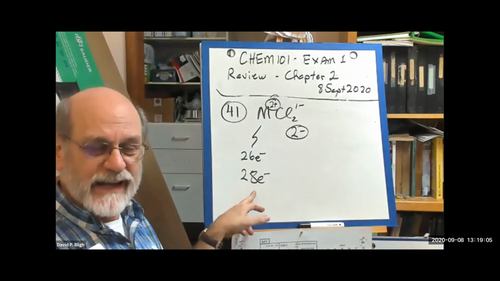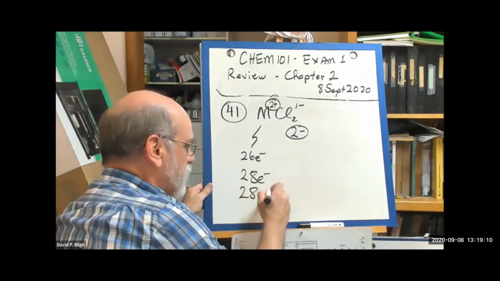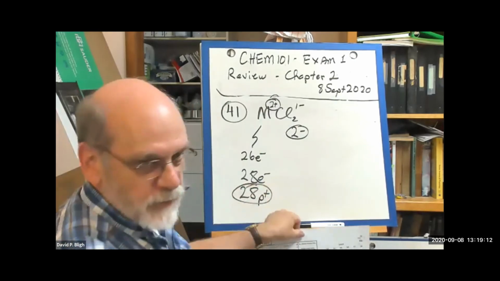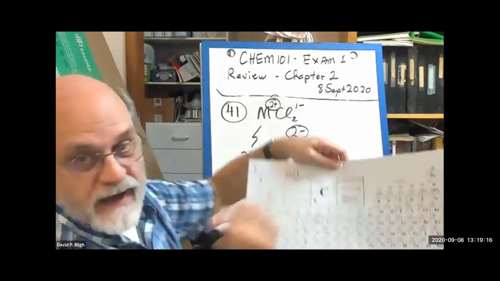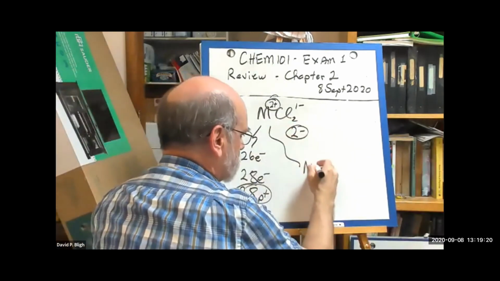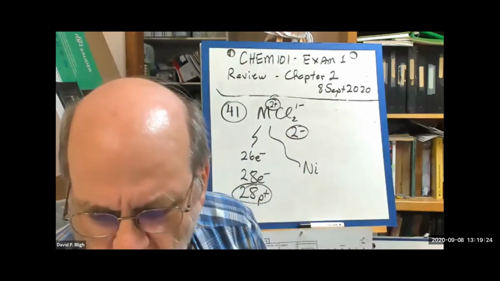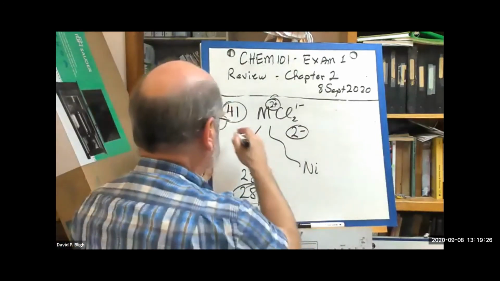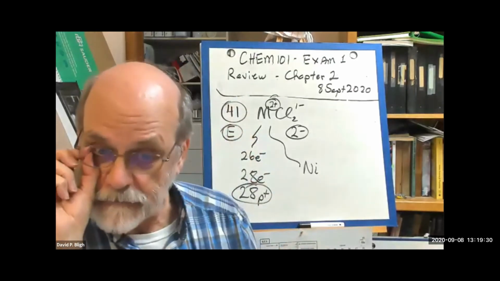So if it has 28 electrons neutral, it also has 28 protons. So we look up 28, we just follow it until we find 28, and we find it's nickel. So that would be E. Okay, did everybody follow my reasoning?